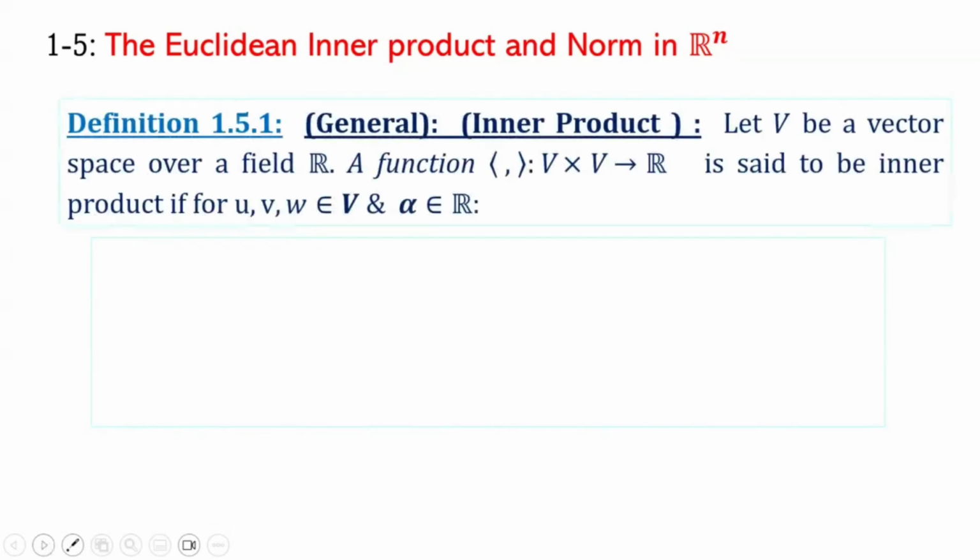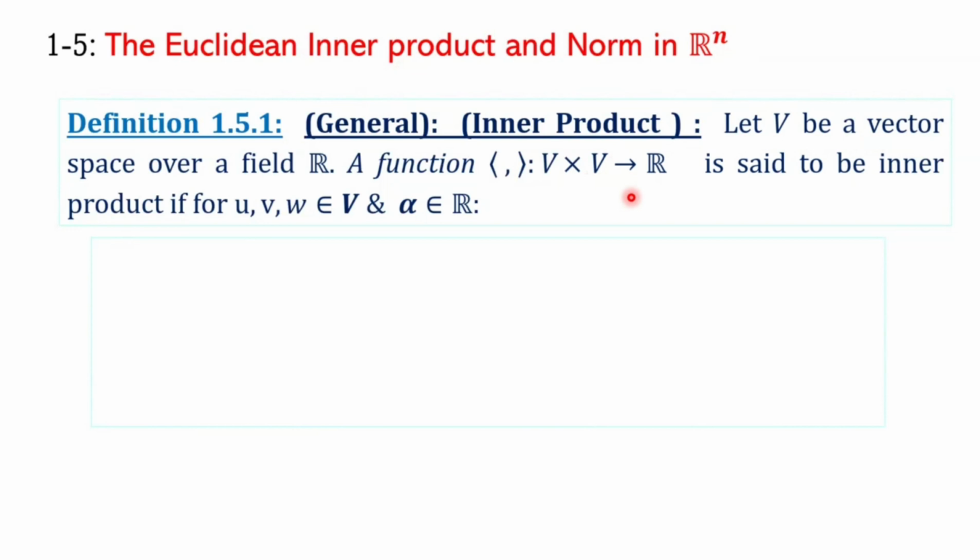So we start with the inner product definition. Here we take V a vector space. We are giving a general definition which is also applicable to the vector space Rn and any vector space.